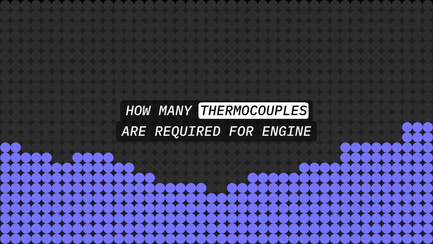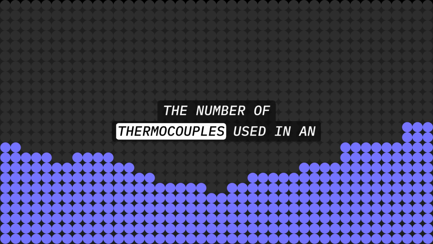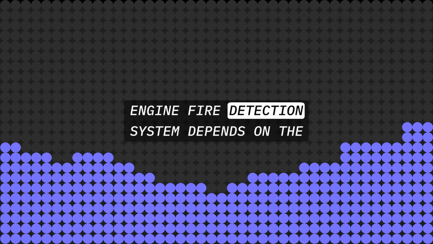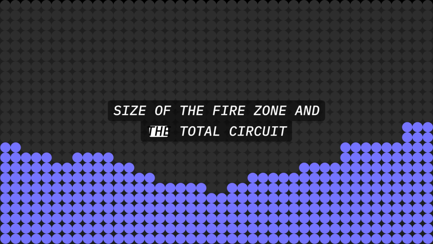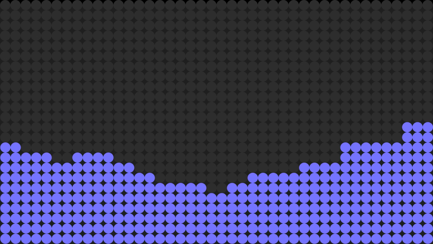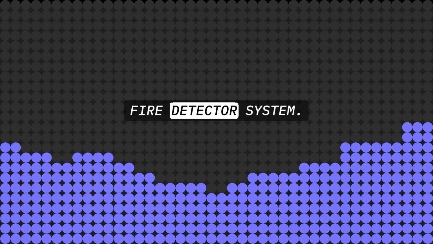How many thermocouples are required for engine fire detection? The number of thermocouples used in an engine fire detection system depends on the size of the fire zone and the total circuit resistance.